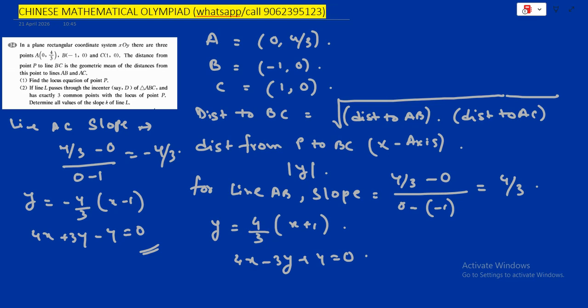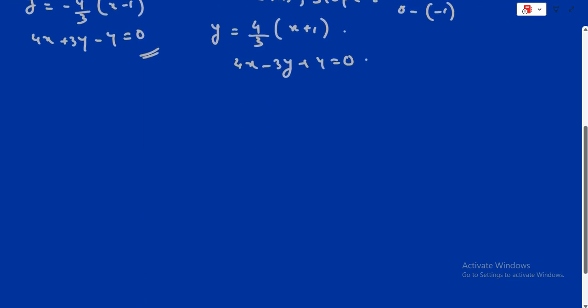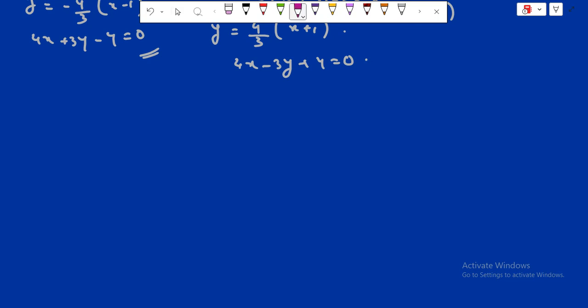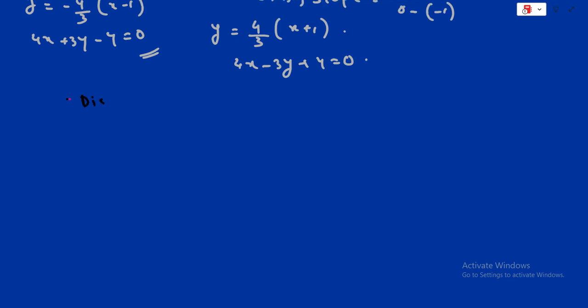Right? Now the distance from a point to a line. This will be basically mod of (ax + by + c) over the root of (a square + b square).